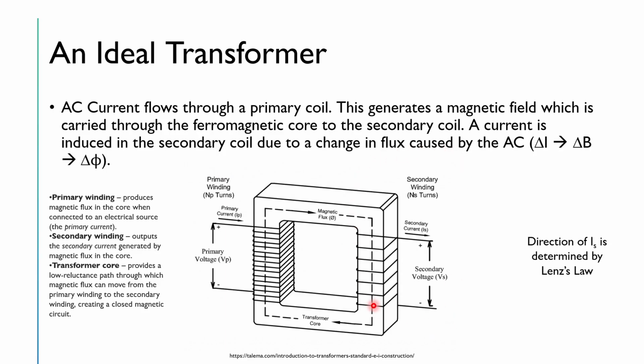And over here on the right-hand side, we have the secondary coil, which has a voltage VS, a current IS, and NS representing the number of turns in the coil. As I'm going to show you in our final slide when we look at our quantitative relationships, the idea of the transformer is to have a starting voltage and current, generate a different voltage and current, and the way in which this is achieved is by having different numbers of turns for the primary and secondary coil.